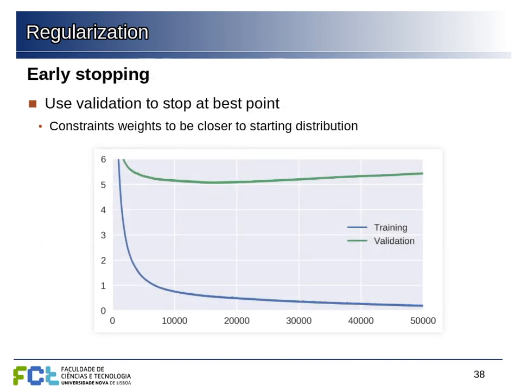A very commonly used method of regularization in deep neural networks is early stopping. This example is a bit exaggerated because there is clearly a lot of overfitting here, but what I wanted to point out is that during training, the validation error is going down and then it starts going up again.